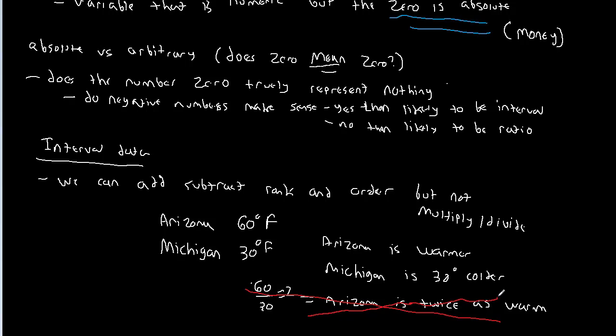And the reason why is because the 0 in interval data does not mean nothing. That is why this comparison is invalid. We cannot make these ratio comparisons. That's why ratio data is called ratio data. And that's why interval data is called interval data, because we can take intervals, we can add and subtract, but we cannot take ratios.